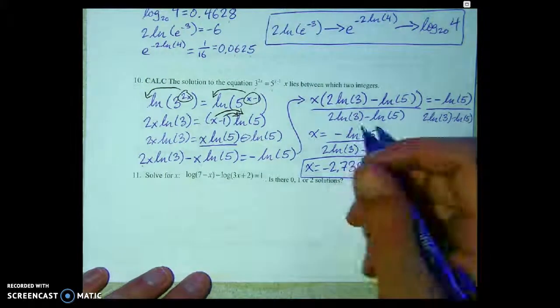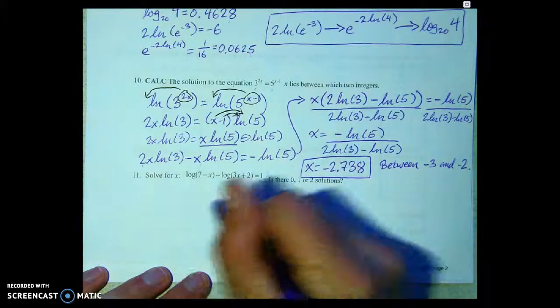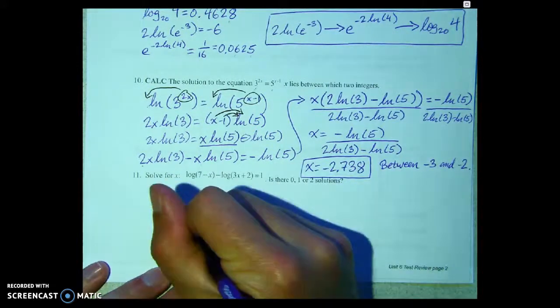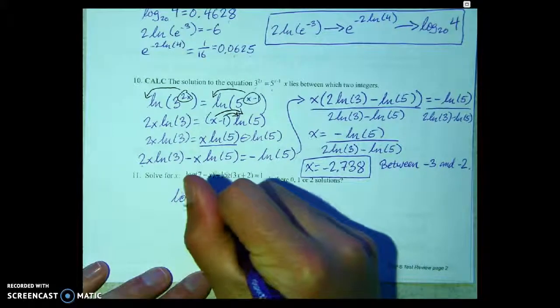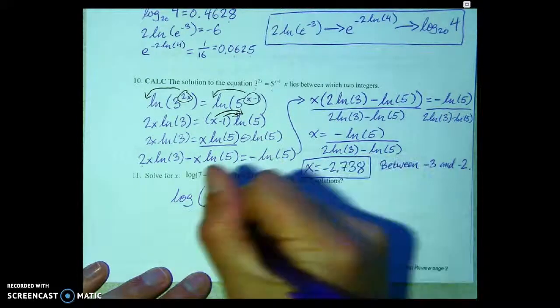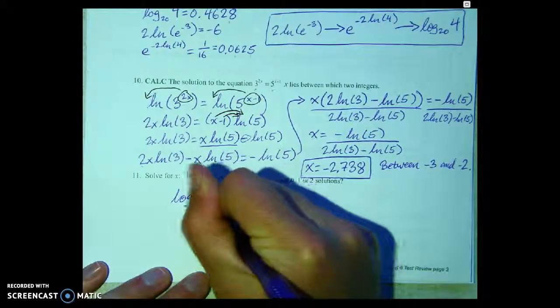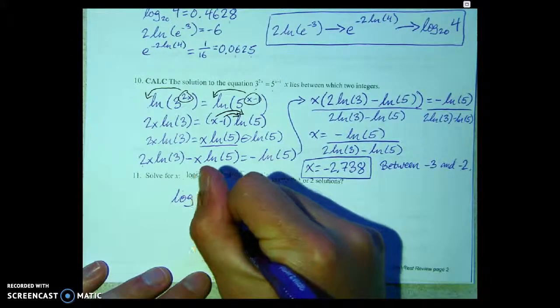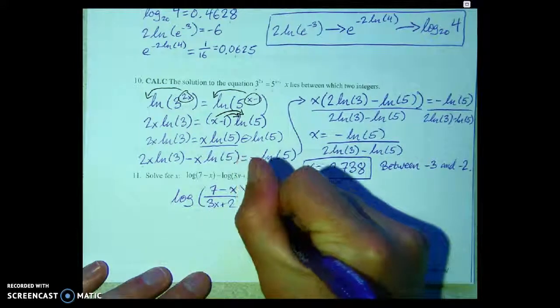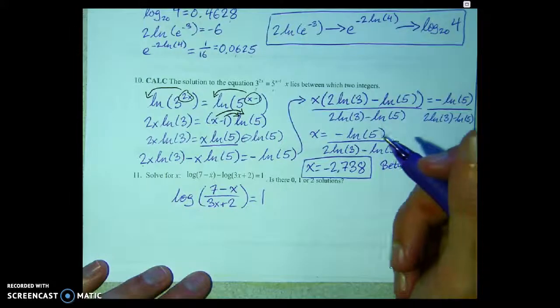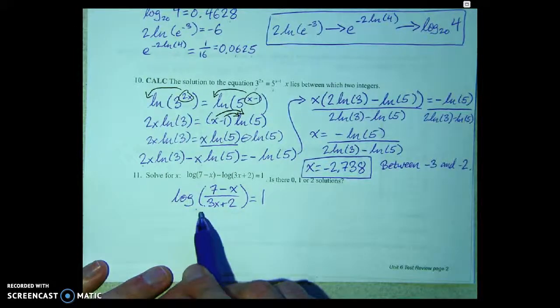Number 11 is asking us to solve for x. Looks like we're probably going to be combining these separate logarithms into one and then solving for x from there. So let's do that. First of all, we have log of 7 minus x minus log of 3x plus 2 turns into log of, remember the base 10, right? If there's no number there, the invisible base is 10. So that turns into log of 7 minus x over 3x plus 2. And we know that that's equal to 1. So really what this is now stating is that 10 raised to the power of 1, right?